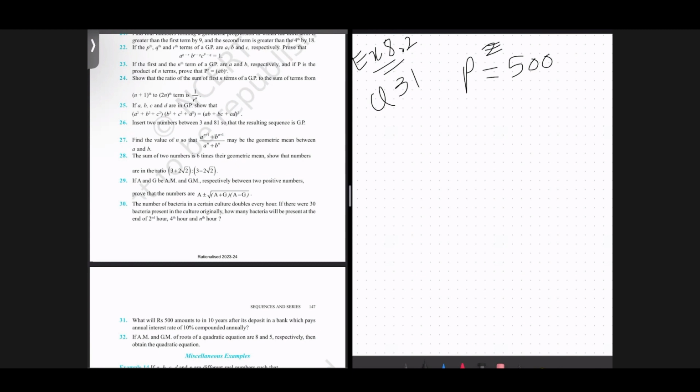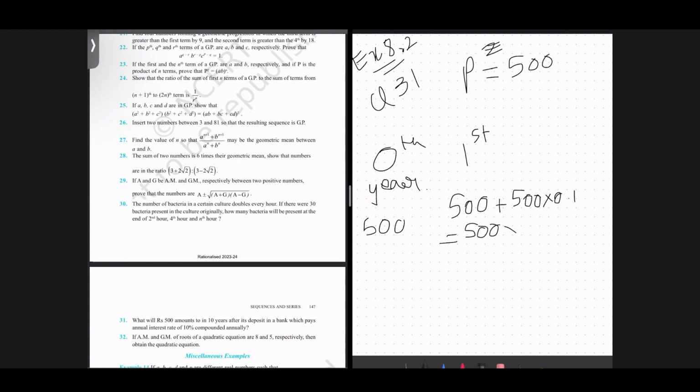So let's do this, right? At the start of 0th year, we deposit 500, right? At the end of first year, you receive an interest of 10%. So your amount 500 plus 500 into 0.1 will become 500 into 1.1.